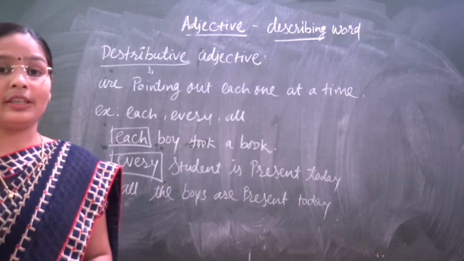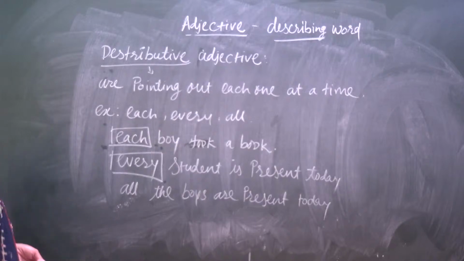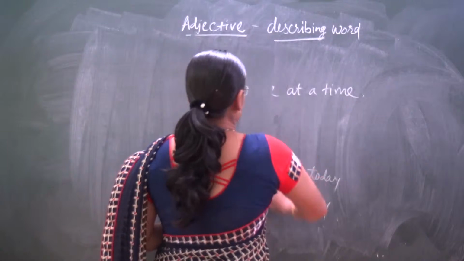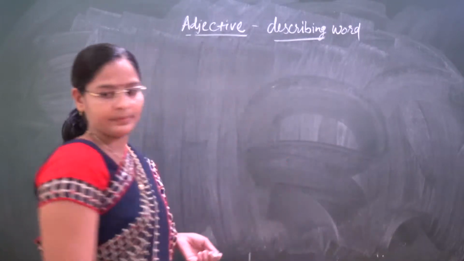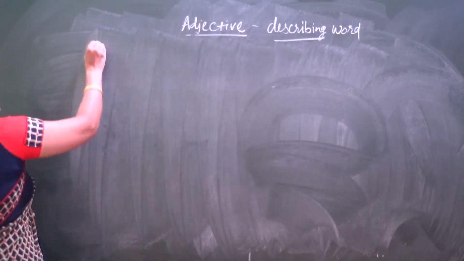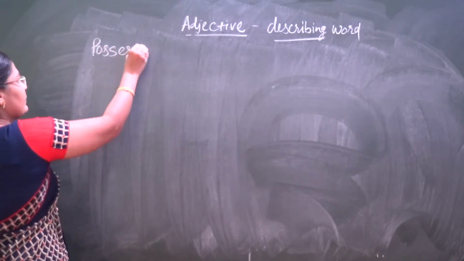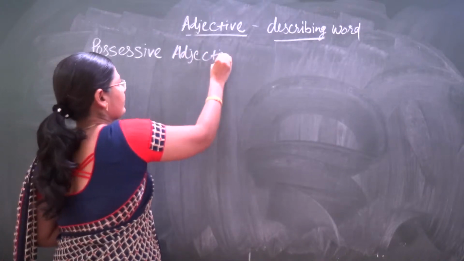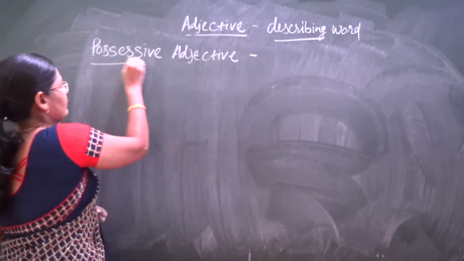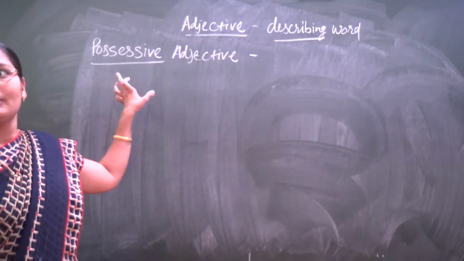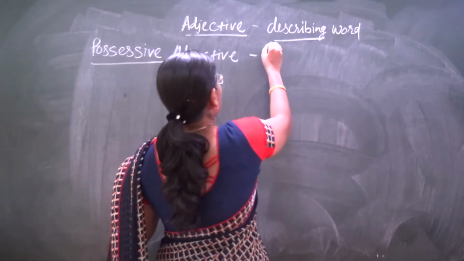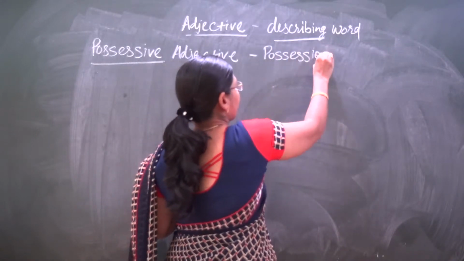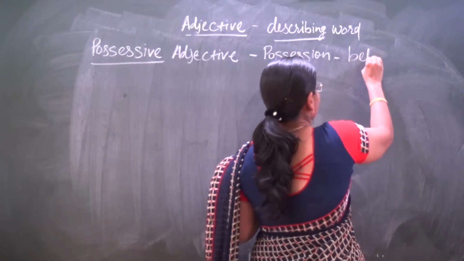Then our next type of adjective is possessive adjective. See here the word possessive. Possessive shows the possession, means belongs to.